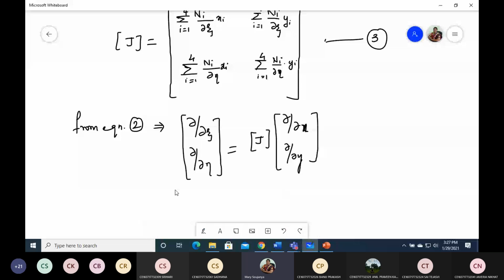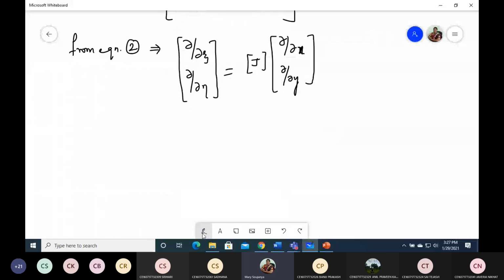Now we related the natural coordinate system with the global Cartesian system. What we are trying to do in the isoparametric concept is that the element in the natural coordinate system is being transformed into the global Cartesian system.